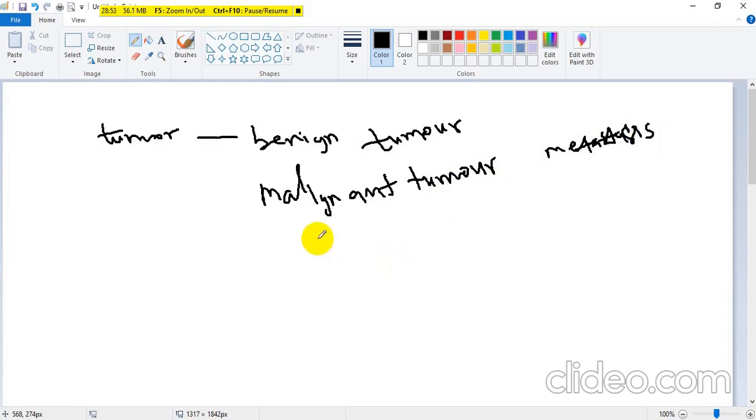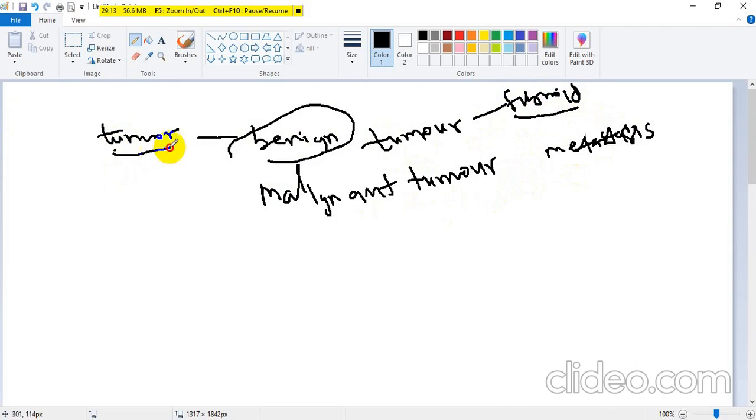An example of a benign tumor is fibroid. It is localized. It does not spread. Fibroid is a benign tumor. But any cancer at all is a malignant tumor.